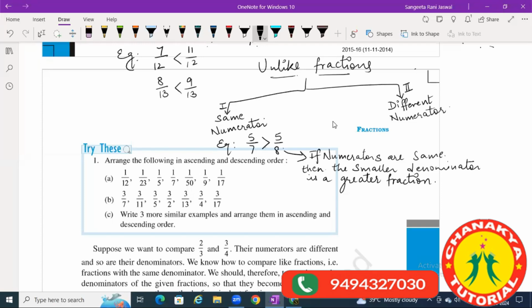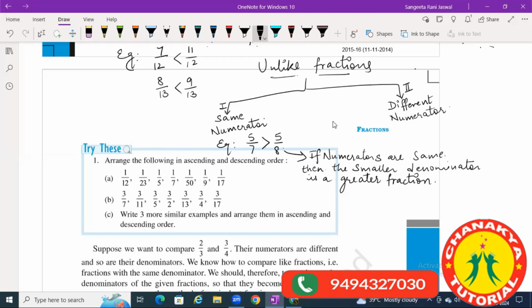Now, let's see about the different numerator part. In different numerator, if the numerators are different, then we first convert the fractions to like fractions.